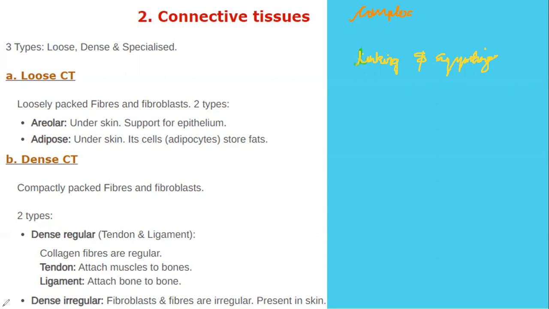And the cells of connective tissue, except blood, secrete fibers of structural proteins called collagen fibers.